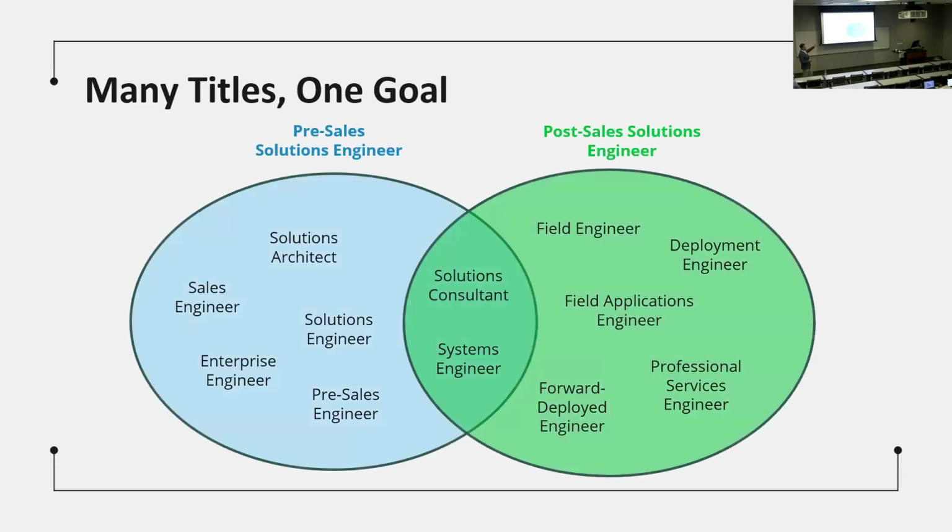The first, the pre-sales engineer, as I mentioned earlier, and the post-sales solutions engineer. So if you see roles that are solutions architect, pre-sales engineer, sales engineer, that all fits into the pre-sales solutions engineer category. Whereas if you see forward deployed engineer, deployment engineer, field applications engineer, that'll be post-sales.